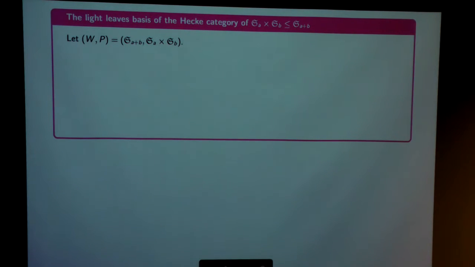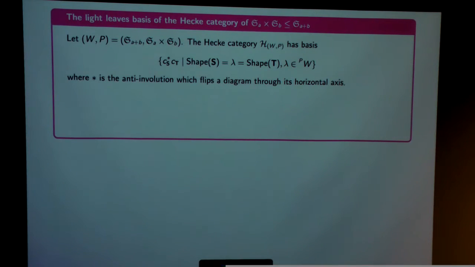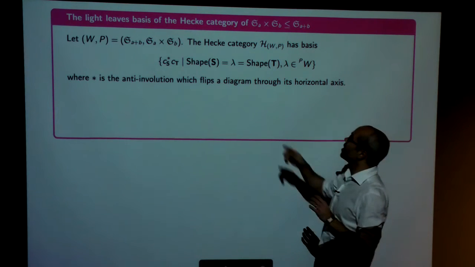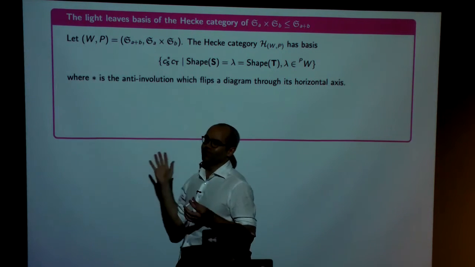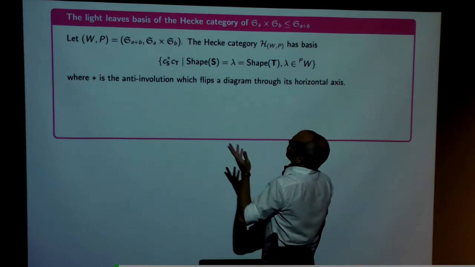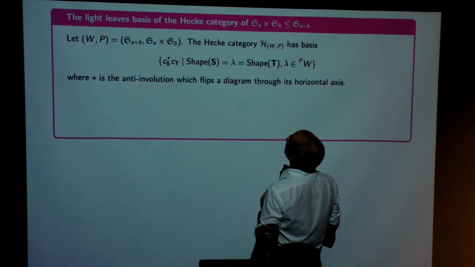Okay, so the Hecke category is, for this particular case, remember I avoided braids. So fixed W_P like so. The Hecke category has a basis. Remember, when I say Hecke category, I'm talking about a diagrammatic algebra. Categories are just algebras for the most part.